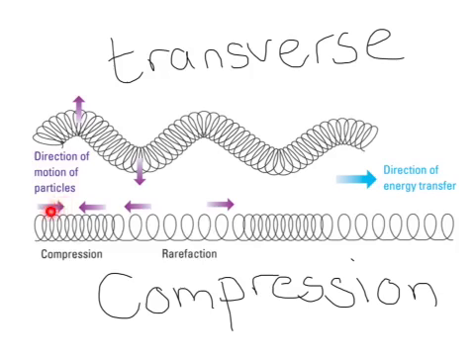So at some points the spring coils are closer together, and at other points they're farther apart. This is the energy moving in closer together, and the energy moving far apart.